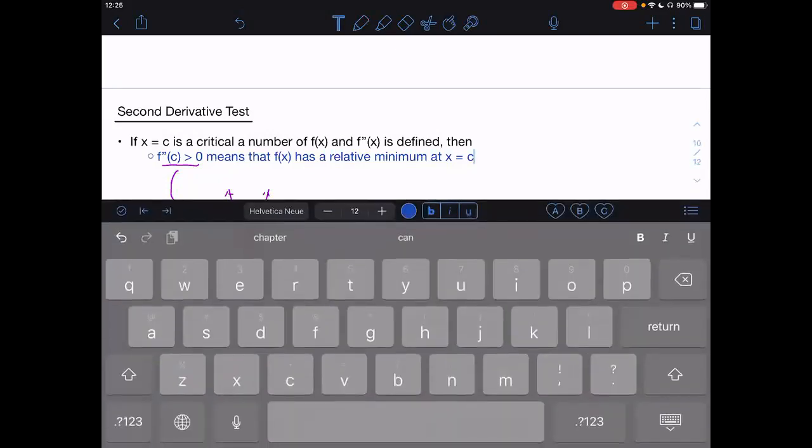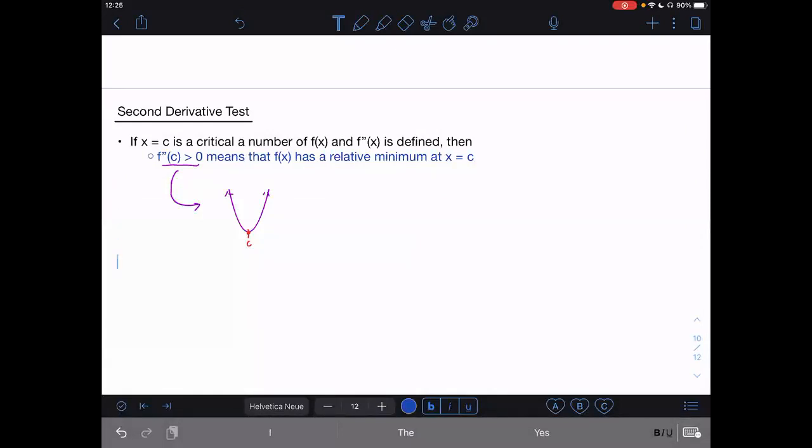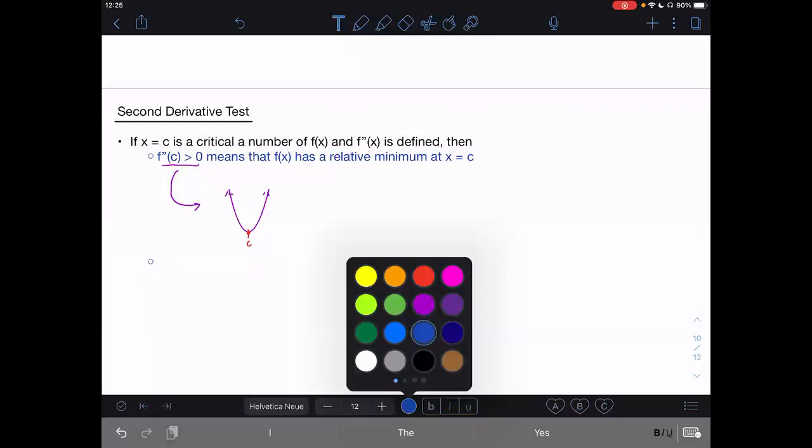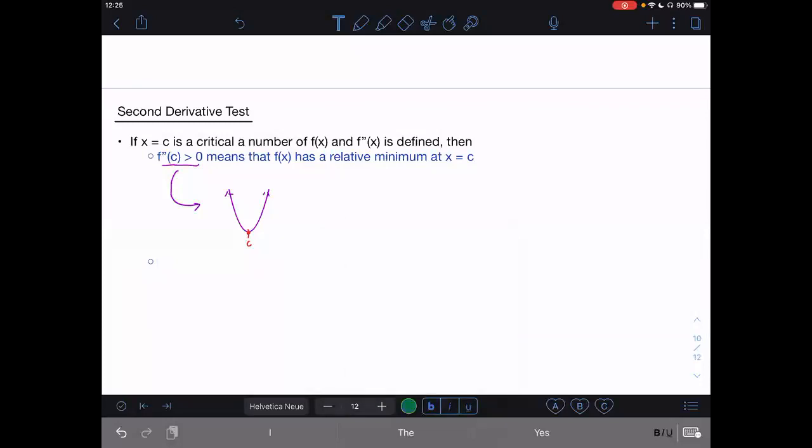Now, if it's negative, then if our second derivative evaluated at a critical point represented by c is less than 0, it means our function has a relative maximum at x equals c.